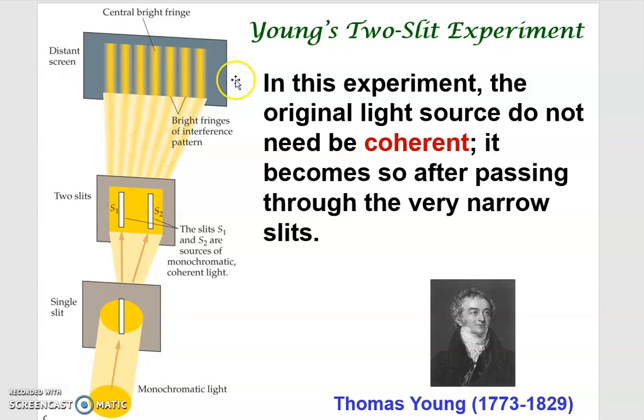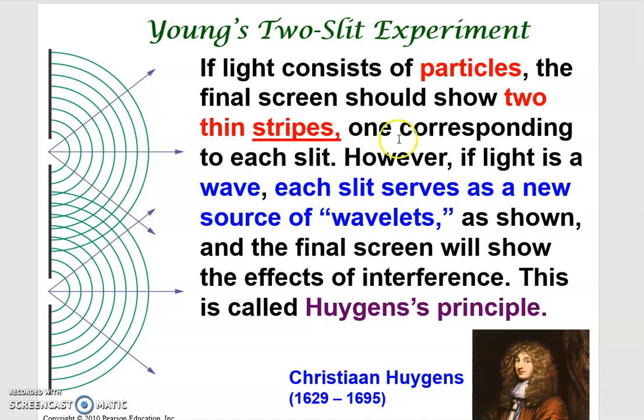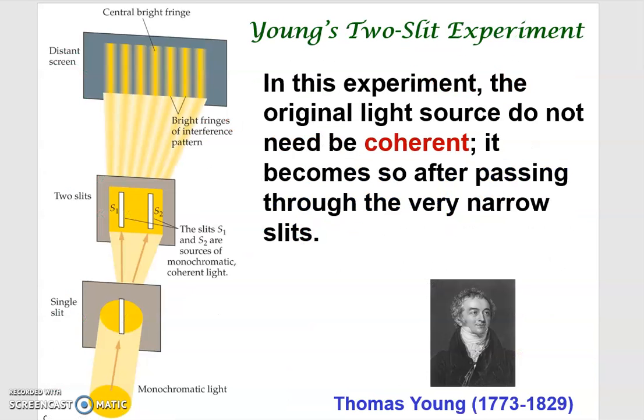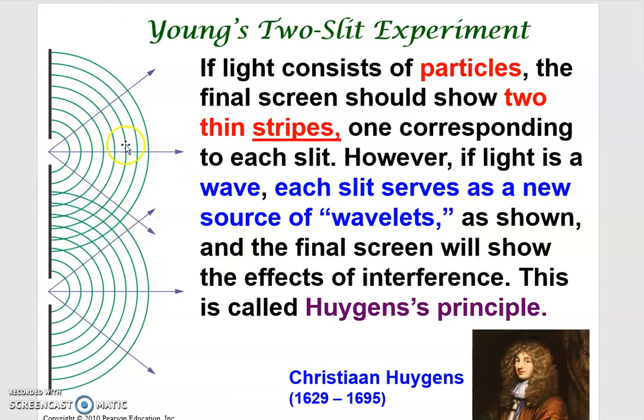But apparently you see more than two thin strips. So people started to argue that, okay, now the light is not particles, it is a wave. If it is a wave, then each of the slits will serve as a new source. So now you can treat S1 as the first source and S2 as the second source. Each one of them will propagate outward as a wave, like what I just showed you here.